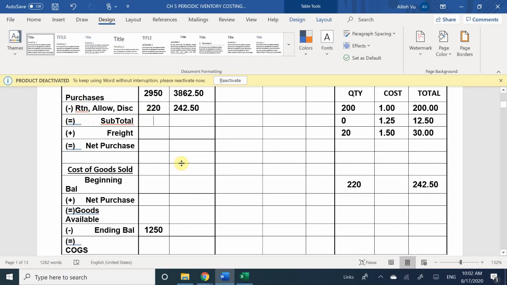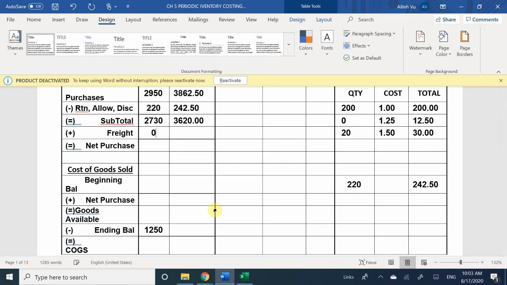Look at this indicator here. So what is 2,950 minus 220? 27.30. And then here, I also do the same thing, subtract. What is my answer here? 36.20. All right, perfect.